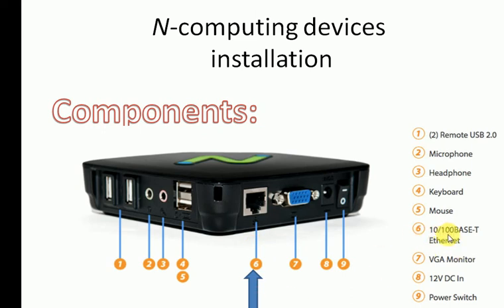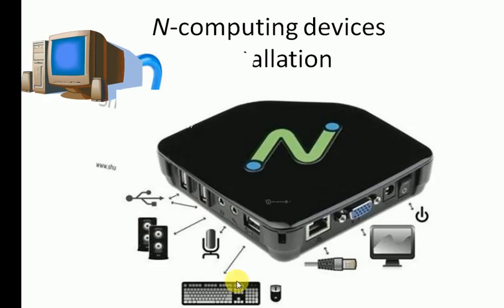And 6 may be a 100 BASE-T Ethernet model or gigabit Ethernet model, and 7 is VGA connectivity to display the device information and user information, and 8 is the power adapter to enable this to work. The power switch is here. The next slide shows the components again: the devices connectivity, monitor, keyboard, mic, and USB, etc. And this is connected to LAN towards this port.